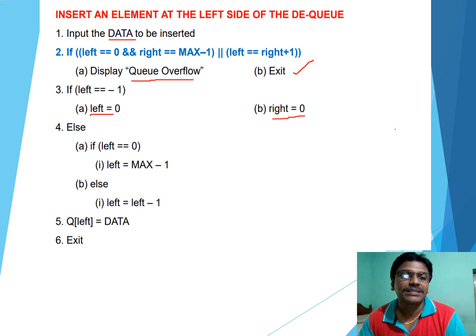Else if left equals 0, assign right equals size minus 1, that is max minus 1, to the left pointer. Otherwise, left equals left minus 1, then the read data is stored to the queue of left. This is the insertion of an element at the left side of the double-ended queue.